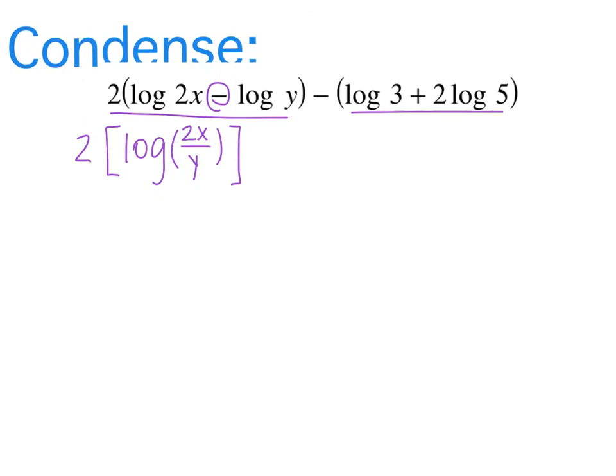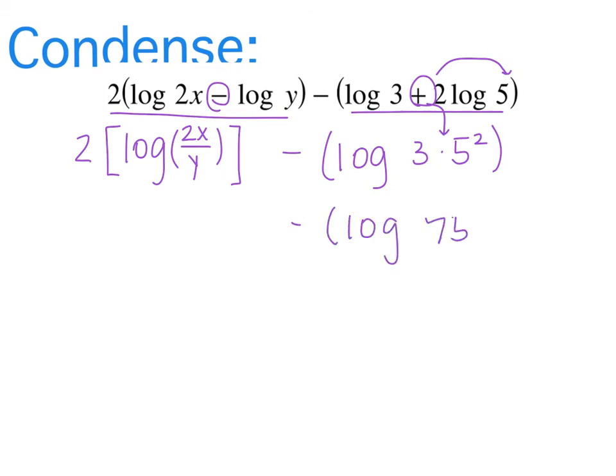And then on the right hand side, I'm going to have log 3 times 5 squared. So remember that 2 goes back up here, and that plus results in multiplication. So I'm going to work that out, and that's going to actually give me log of 75, because 5 squared is 25, times 3, that's 75.